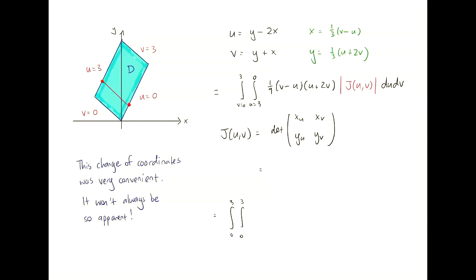Determinant of xu, yv, yu, xv, which is equal to, I'm just going to do horizontal bars for the determinant. I think I've made my point.